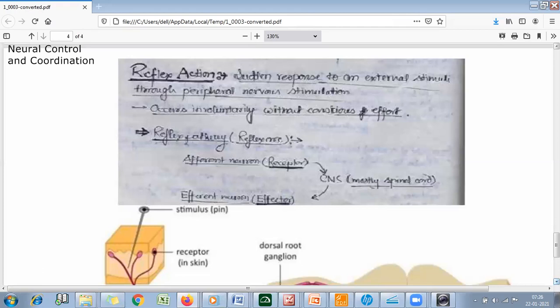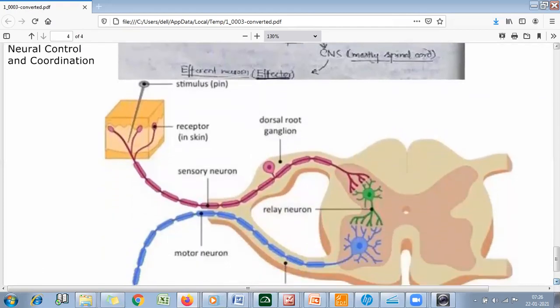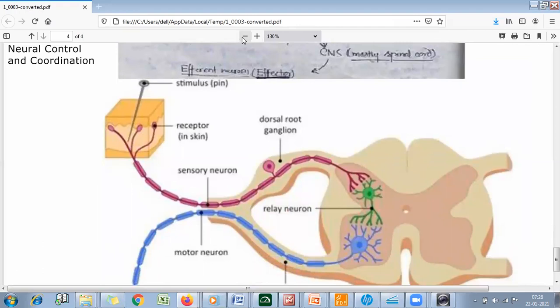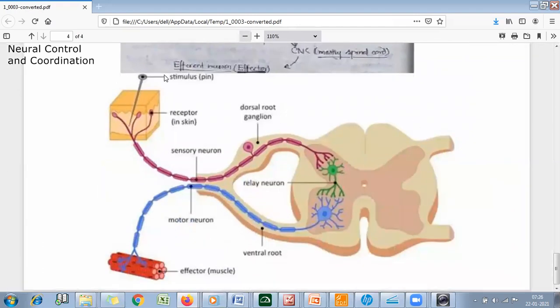So what happens in the reflex action? The afferent nerve or receptor receives the stimulus, and the signal is sent to the central nervous system, especially to the spinal cord. And what happens? The effector neuron sends signals for the action. So we can understand the situation by this figure. Suddenly when a pin is pricked in the skin, a signal or nerve impulse will be generated. We have talked about how the nerve impulse is generated.